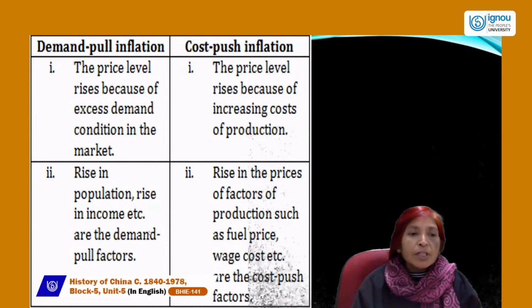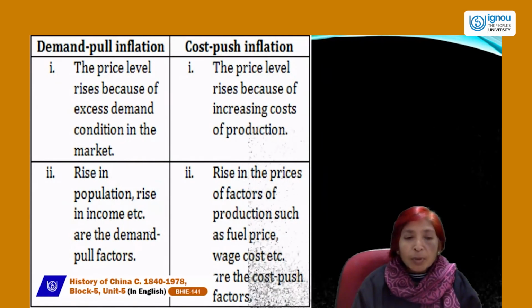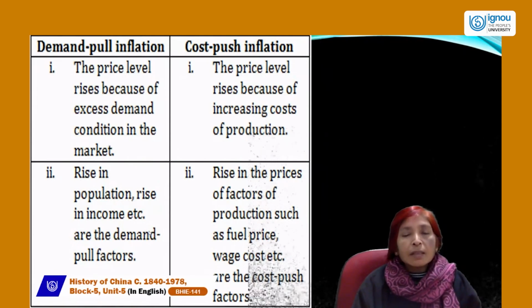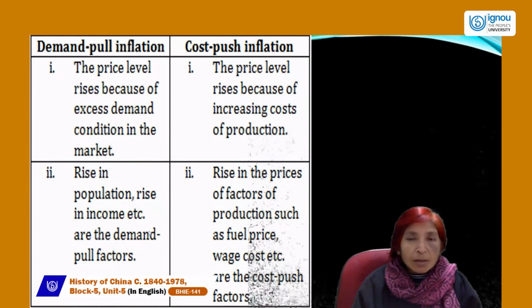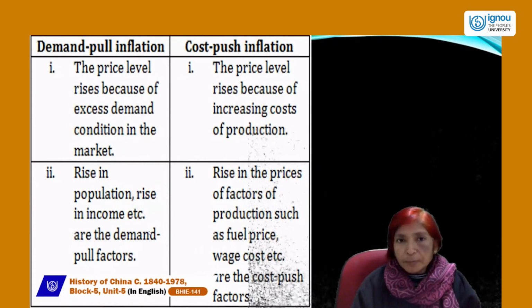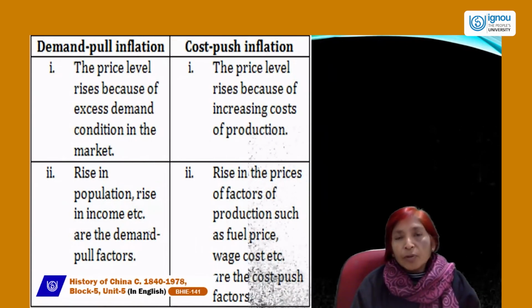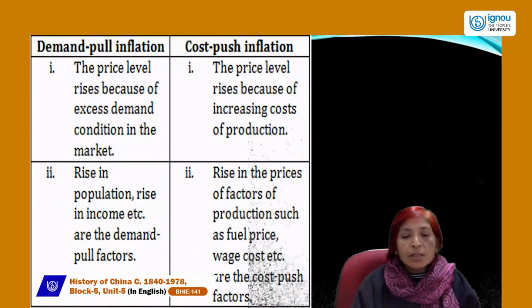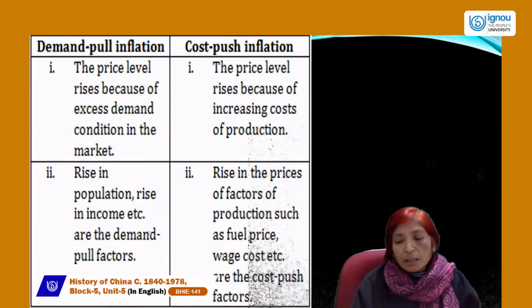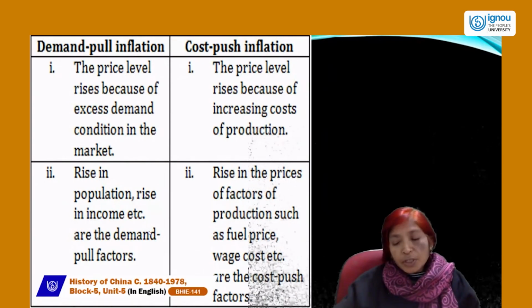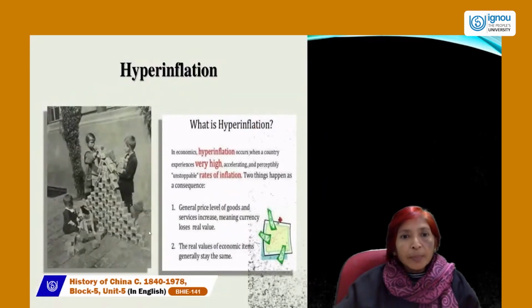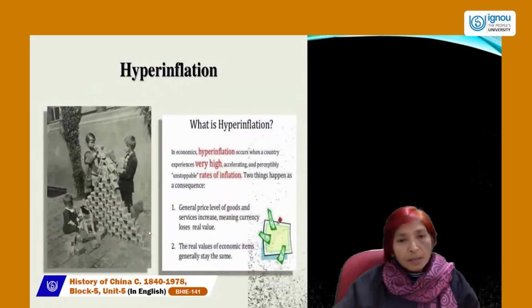Demand pull inflation generally occurs in case of a rise in population, rise in income, etc. These are the main causes of demand pull inflation. And a rise in the price of factors of production such as fuel price and wage costs are the main causes of cost push inflation.